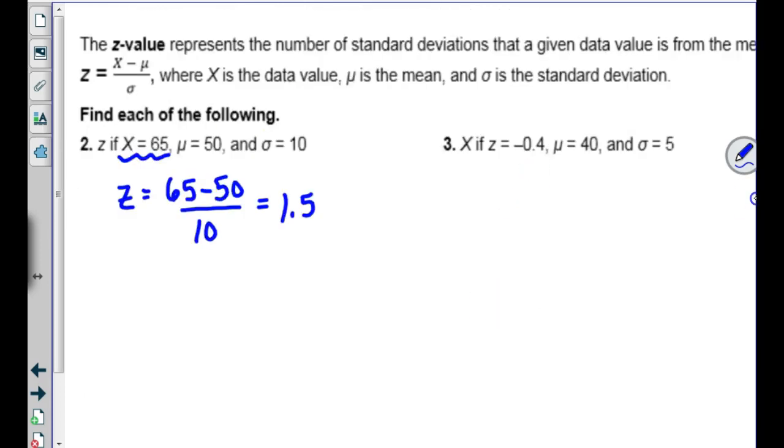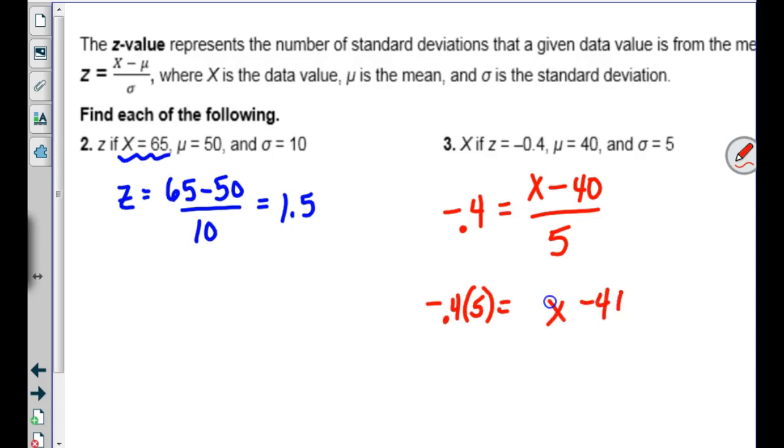And then this one is just going backwards. If you knew the z-score was negative 0.4, so you were actually 0.4 of a standard deviation below the mean, what was your score? So we're finding x. The mean is 40 and the standard deviation is 5. How do you solve that? Yeah, negative 0.4 times 5, and then add the 40 over there.